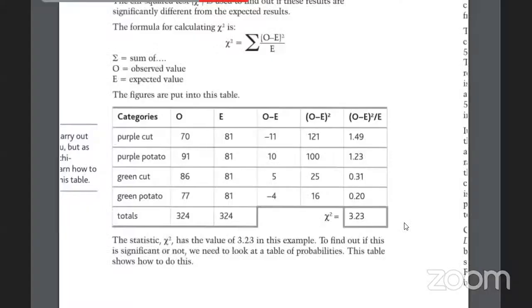Zoom out a bit. All right, ready again. So everybody can see the table now, right?